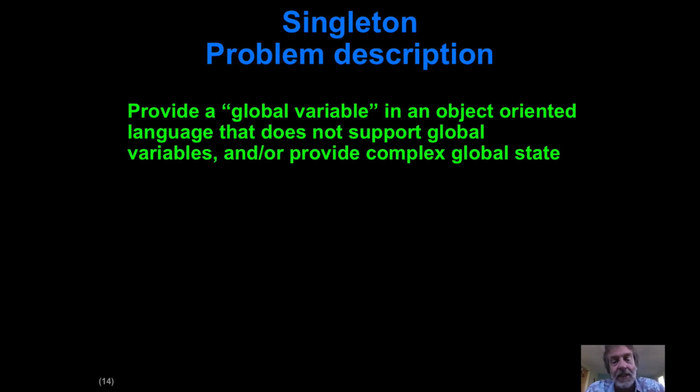Let's go on to our second design pattern, called the Singleton. Probably the one design pattern that almost everybody knows about if they know anything about design patterns, and that's because it's intended to support the idea of a global variable in an object-oriented language, where you may not have the ability to declare an integer or a string to have it accessible globally.